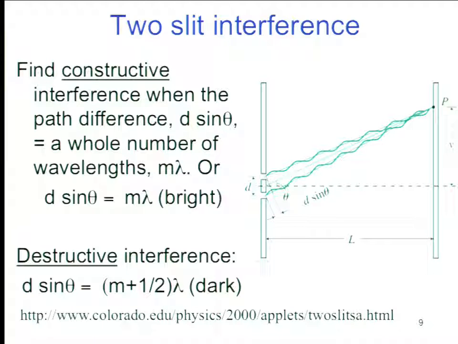And if the extra path length, delta r, is a half wavelength, then the wave coming out of this little point will cancel the wave coming out of that point. That's a clever way of handling it. Somebody dreamed this up. I give them credit. And it works out pretty well.